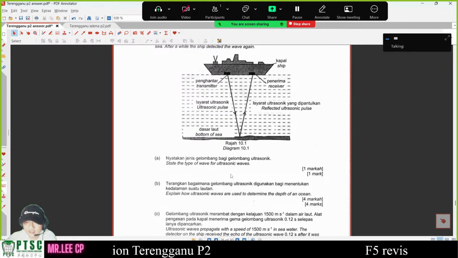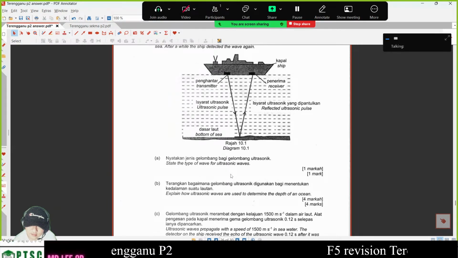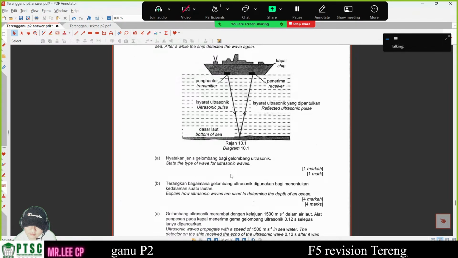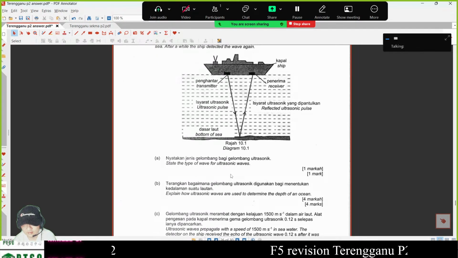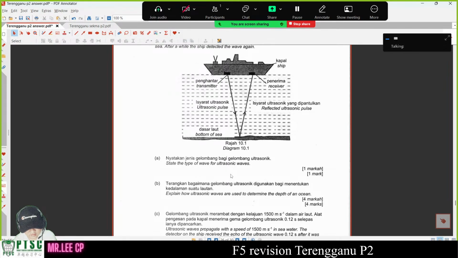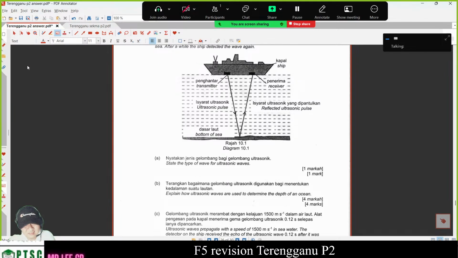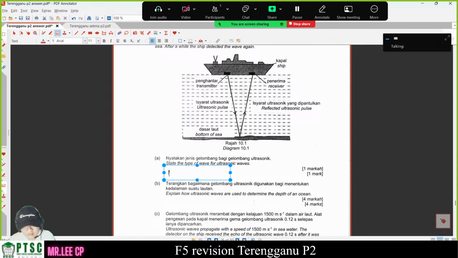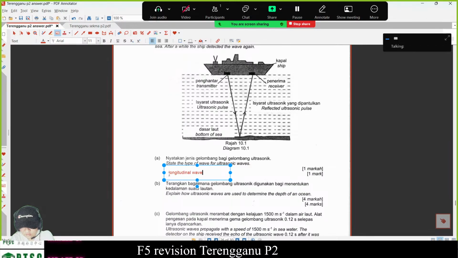State the type of wave for the ultrasonic wave. Ultrasound is sound wave. Sound wave is a mechanical wave, or longitudinal wave. Longitudinal wave, I guess.